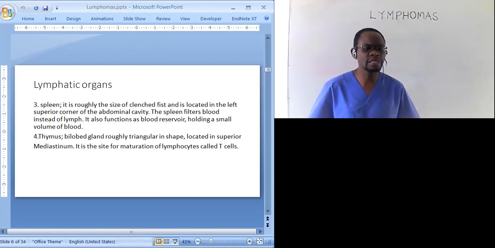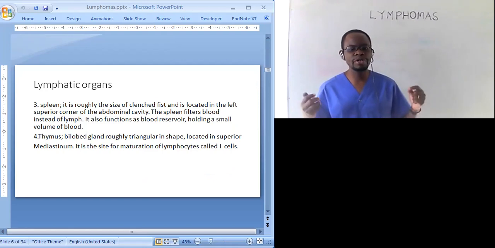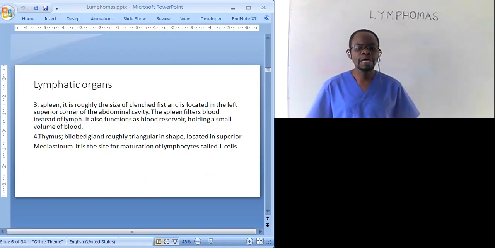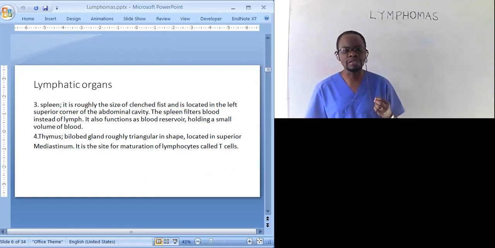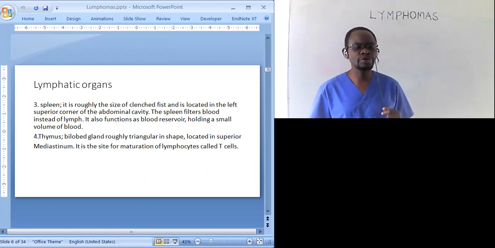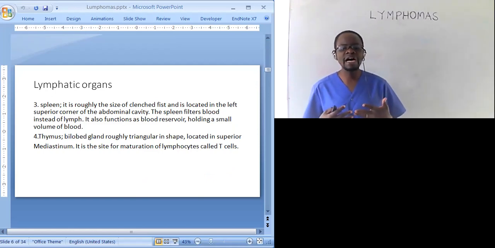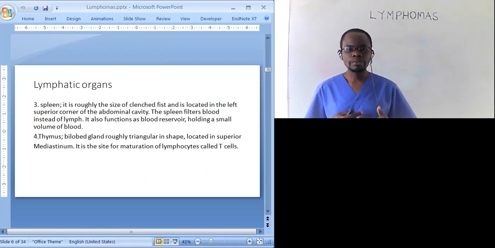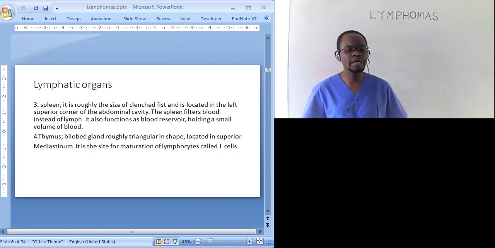These structures are very important for you to know because lymphomas can come out of these. So basically, you needed to know what the lymphatic organs are, what the function of the lymphatic system is, and the general anatomy of the lymphatic system, before we move on to lymphomas.